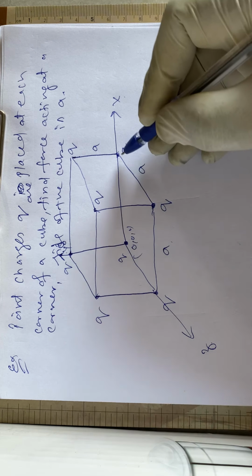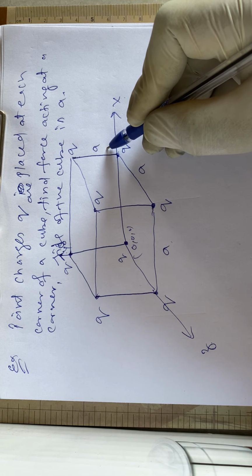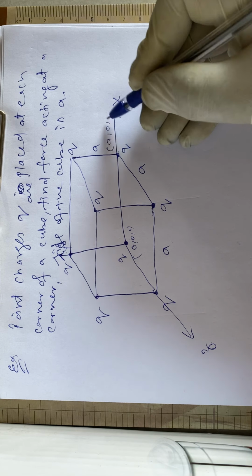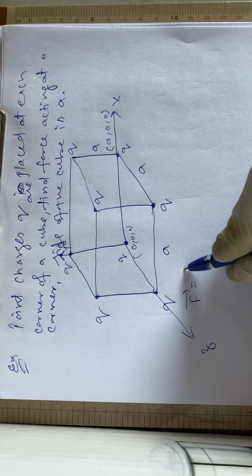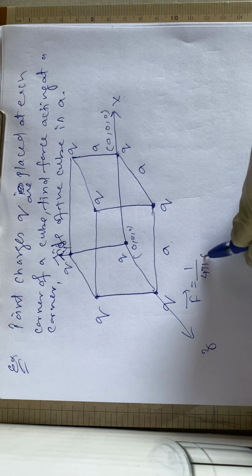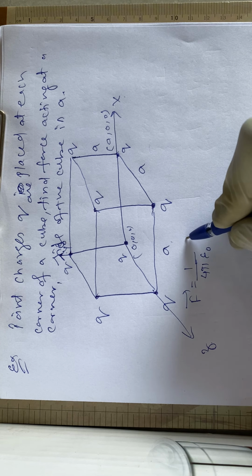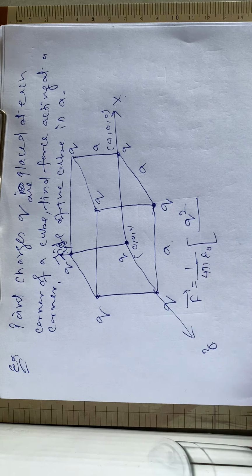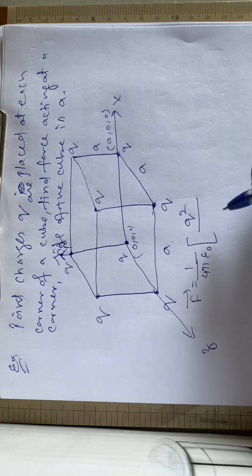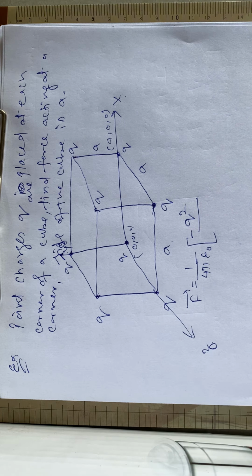I'm starting from this one: the coordinate of this point charge will be (A, 0, 0). Then the force will come out to be 1 over 4 pi epsilon naught, q square. And all the q have the same sign, so it is repulsive force, minus q square.